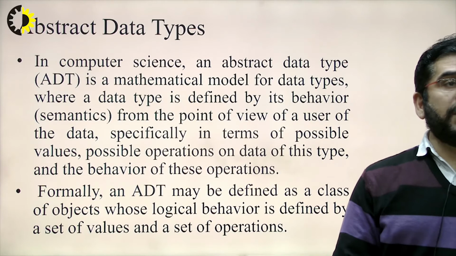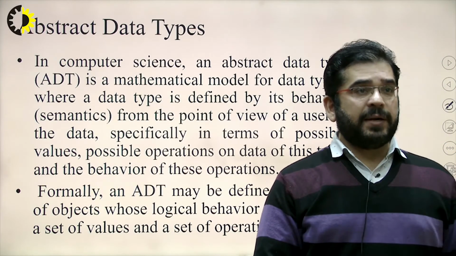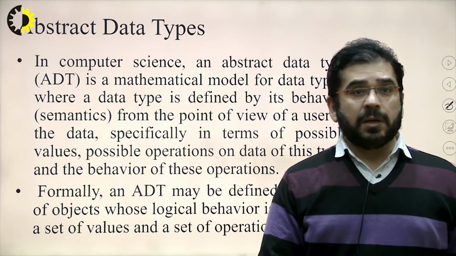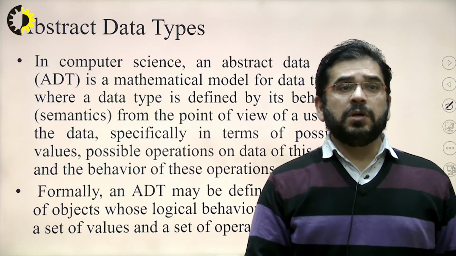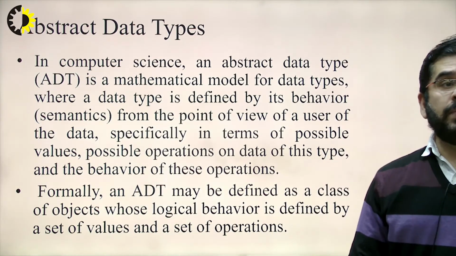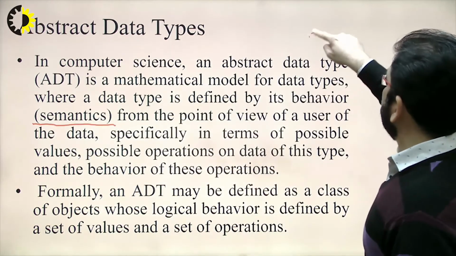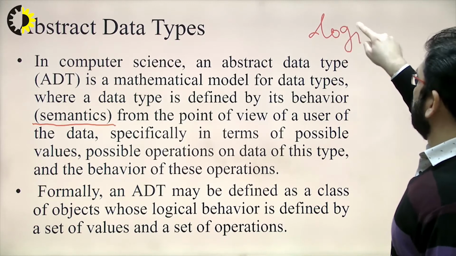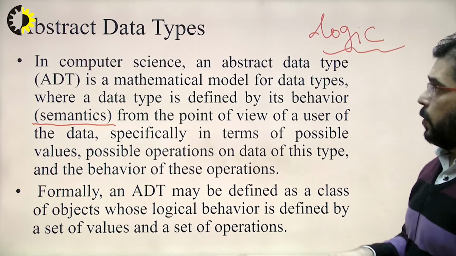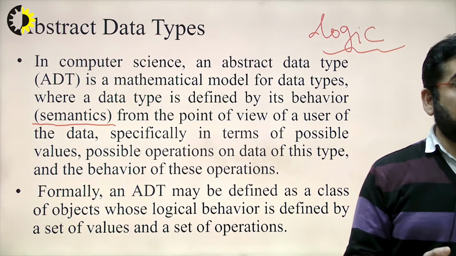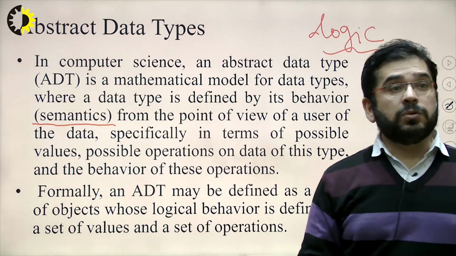Now the next topic which we will cover today is the abstract data type. In computer science, an abstract data type is a mathematical model for data types, where a data type is defined by its behavior, or you can say semantics, or the logic. What is the logic of the behavior of the data, how you can store the data, what kind of data type you can take and how you can use that data type.